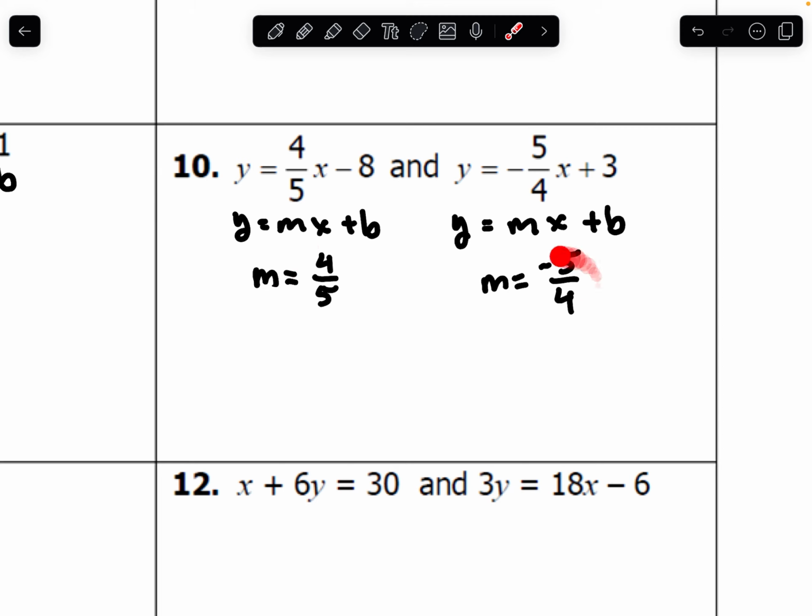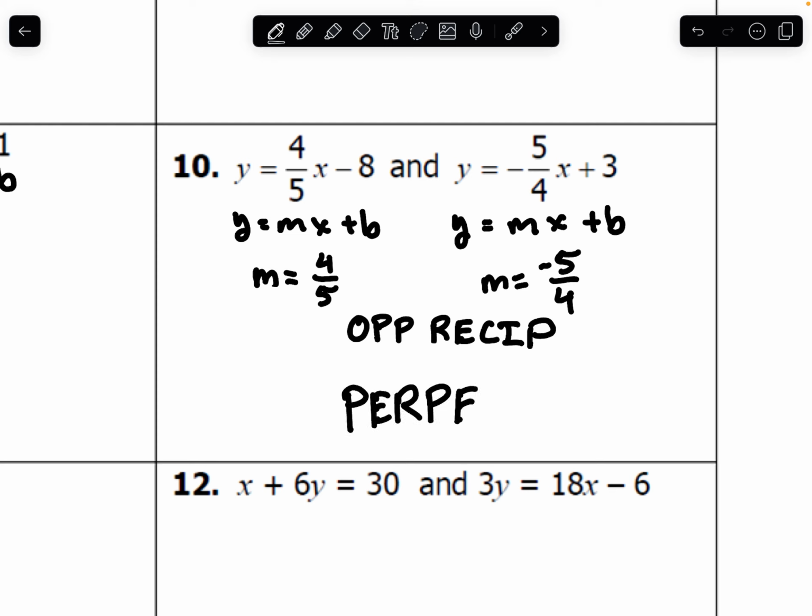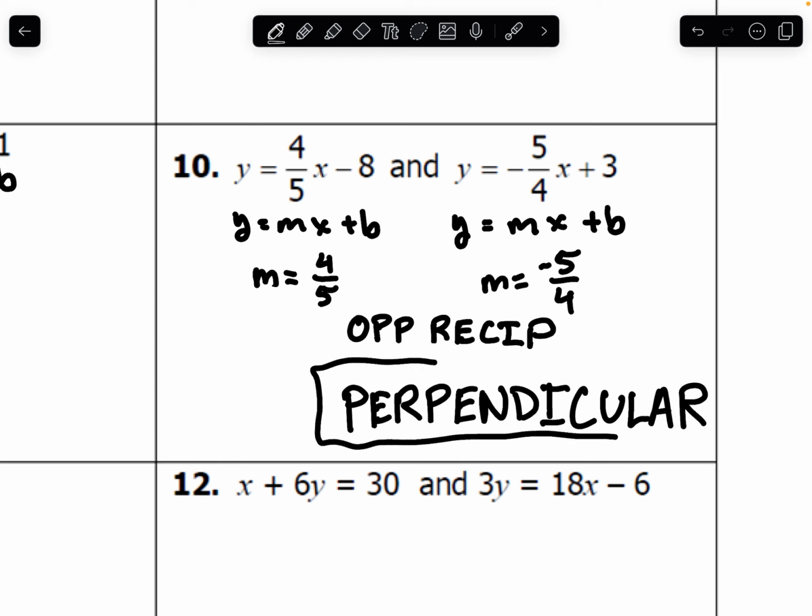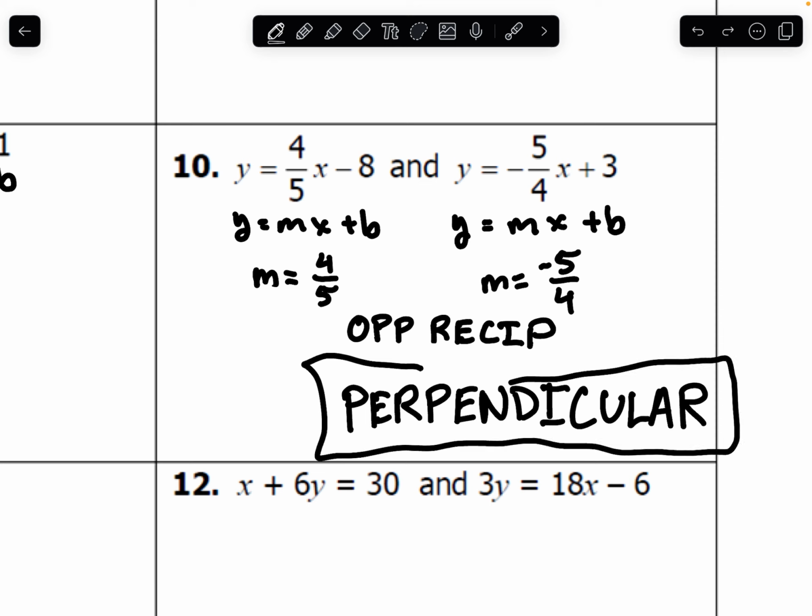We know that this 4/5, right, is the flip is 5/4, and it's positive to a negative. So that's the opposite reciprocal. And I'm just going to abbreviate that, which means that this is perpendicular. If you want to abbreviate that, guys, that's fine. You can just abbreviate it as perp and move on.